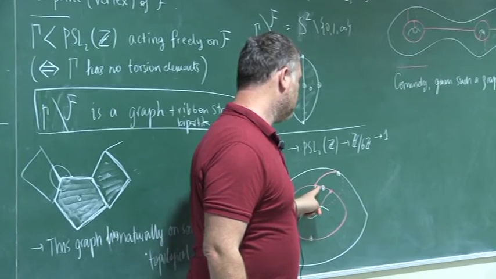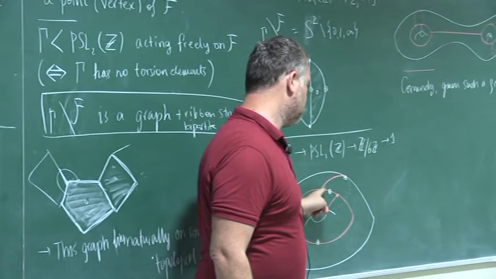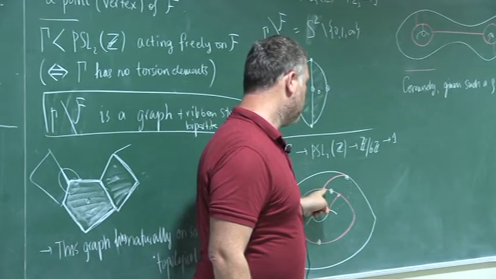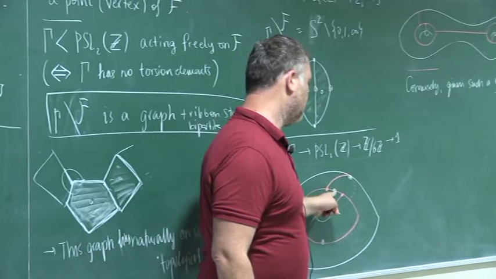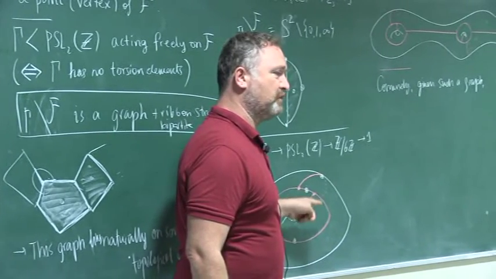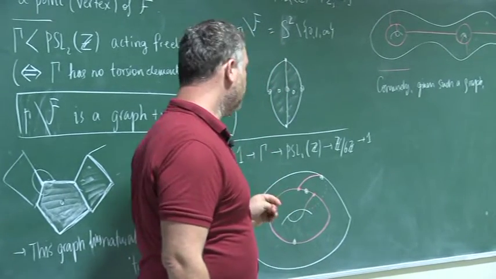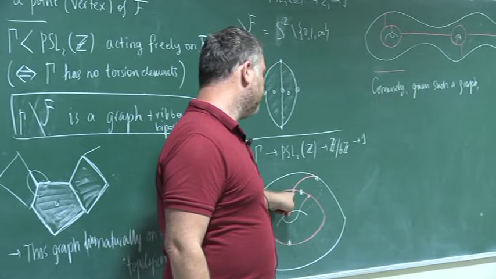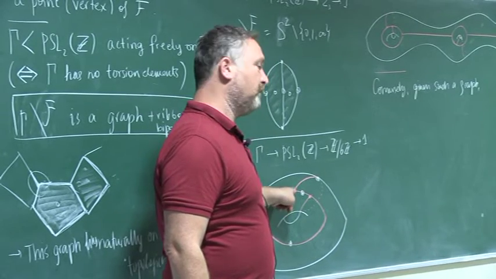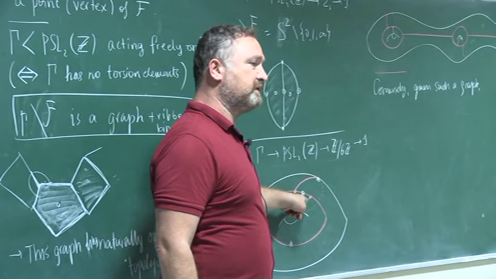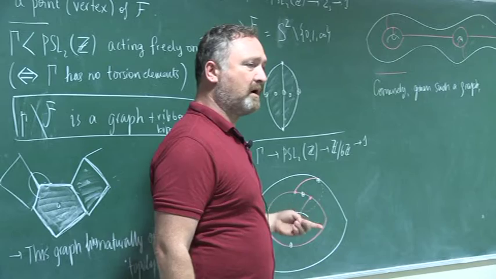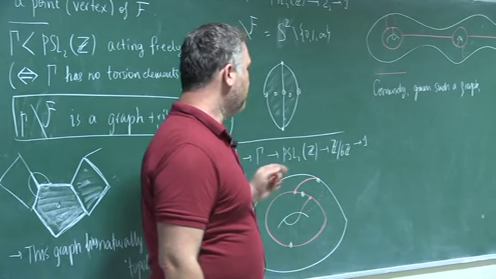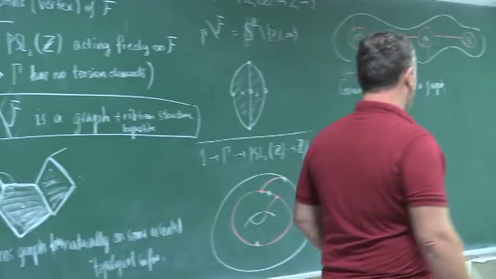So red is neighbor to white and white is neighbor to red, but red is never neighbor to red and white is never neighbor to white. So that kind of graph. Plus the vertices of type red are always of degree 3, and the vertices of type white are always of degree 2.